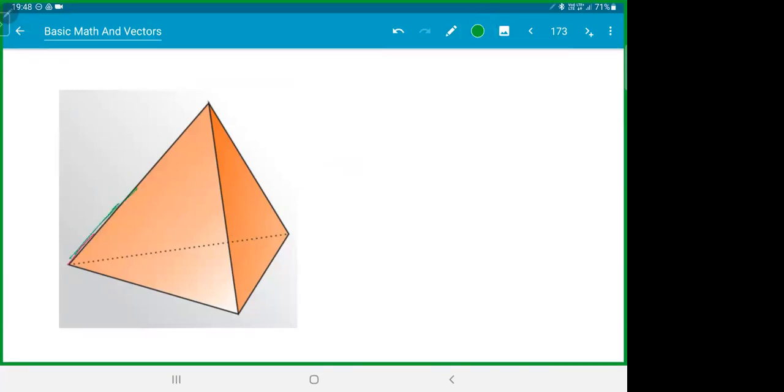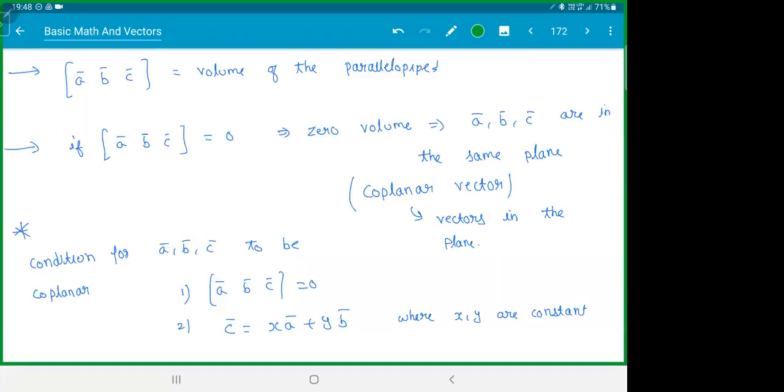If you see now, this vector here, this vector here, this vector here, can you see these are non-coplanar vectors. They're not in the same plane. You can't put one paper where all the 3 vectors fall on the same paper. I hope you're getting the meaning of non-coplanar. Do have a look at this page.